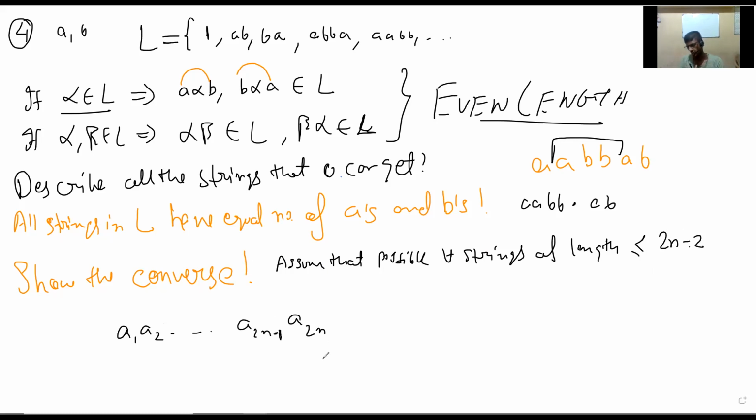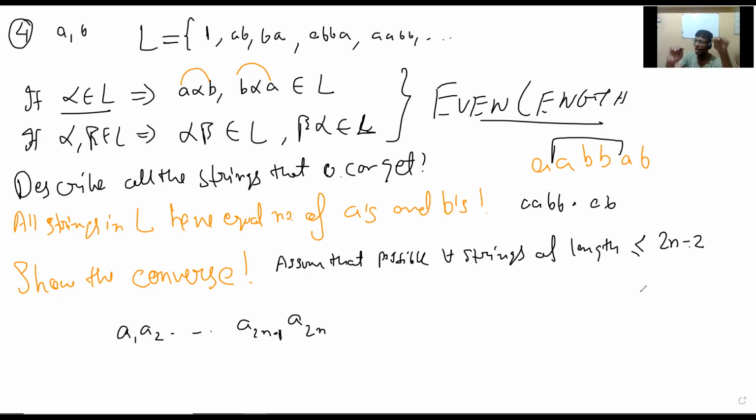You can do some sort of casework. After the 2n minus 2 length, you want to add AB or BA.